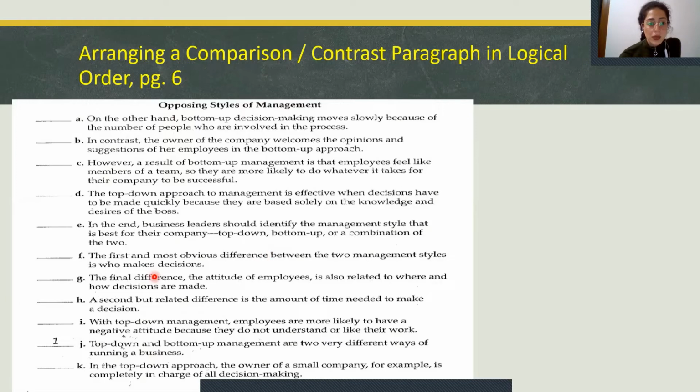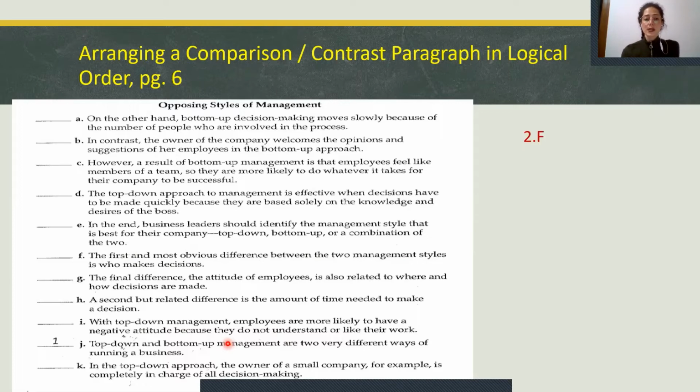Possible final difference, second but related, no. Okay, with the top-down management, I think the first one is F. Yes, guys, the first and most obvious difference between the two management styles is who makes decisions. Because it says the first and most obvious, and it's comparing two management styles. Karşılaştırıyor. First is top-down, and the second one is bottom-up management styles.